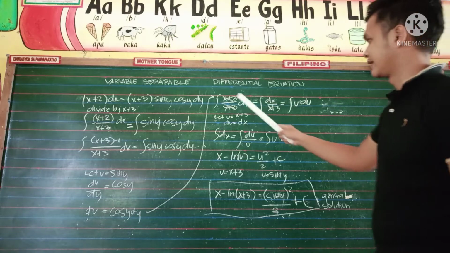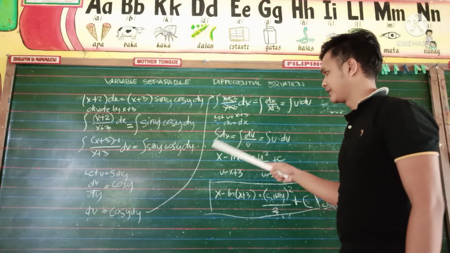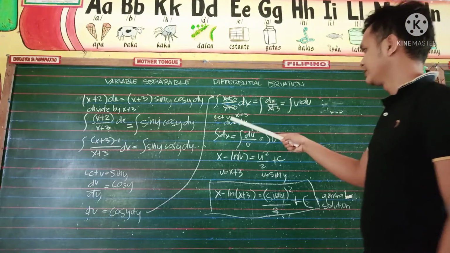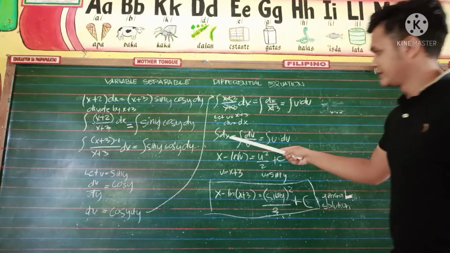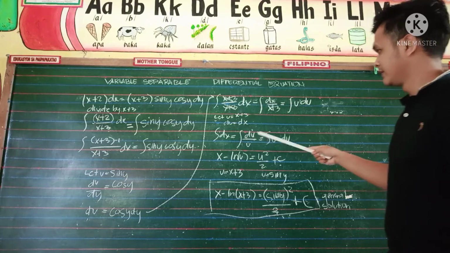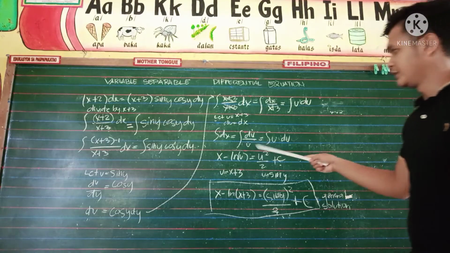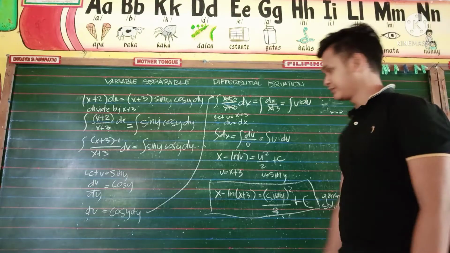So here they cancel out. The remaining is the integral of dx, and then we let u equal x plus 3, and du is equal to dx. So it is equal to the integral of dx, which is du, divided by x plus 3, which is u. We will put u, equal to the integral of u multiplied by du.